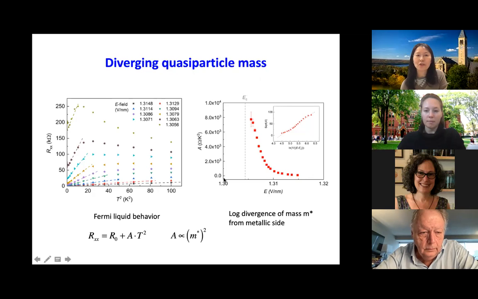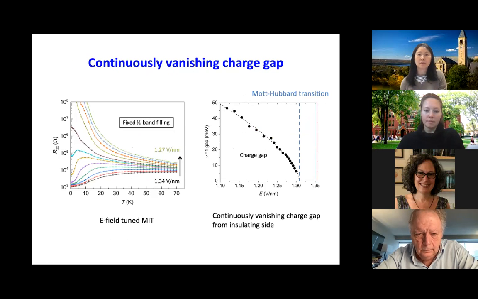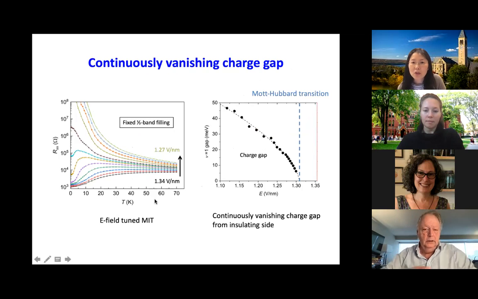So a few times of that, or a fraction of that. Is this 2-terminal or 4-terminal? This is 4-terminal measurement.